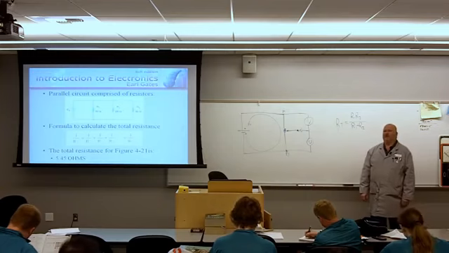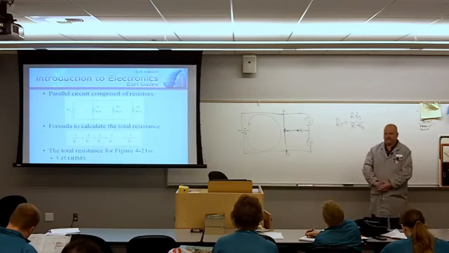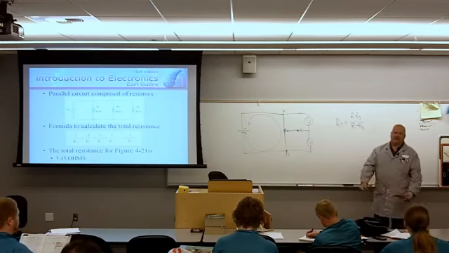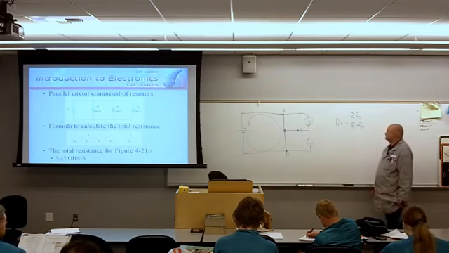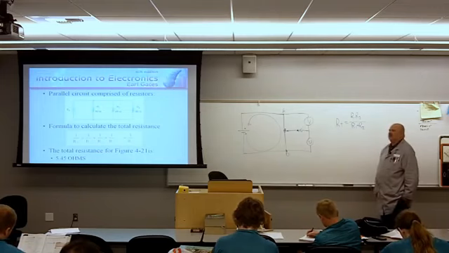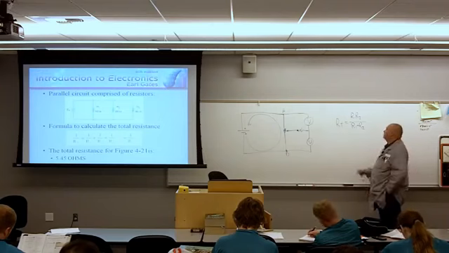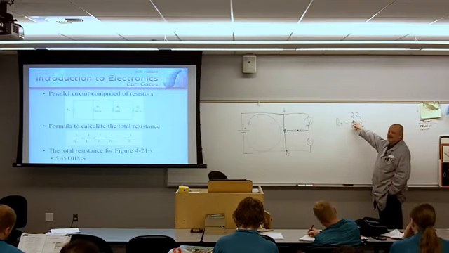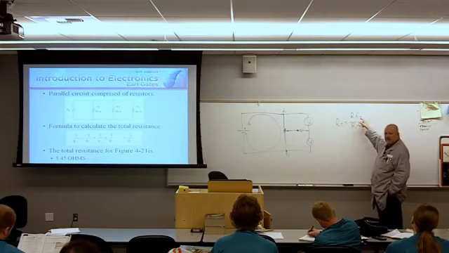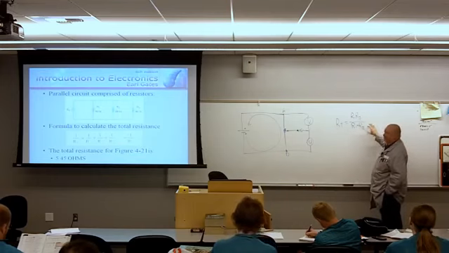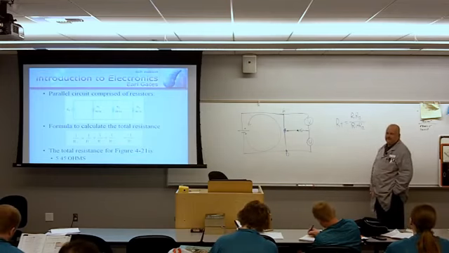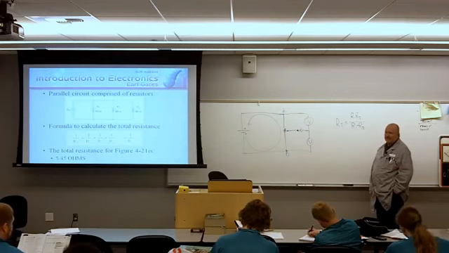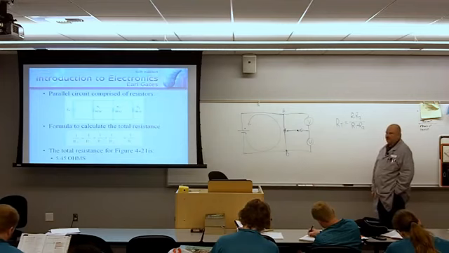This only works if we have two resistors in parallel with each other, period. So this literally is the product over sum. The product is R1 multiplied by R2, R1 times R2, divided by R1 plus R2, the product over the sum. This works if you only have two resistors in parallel with each other.